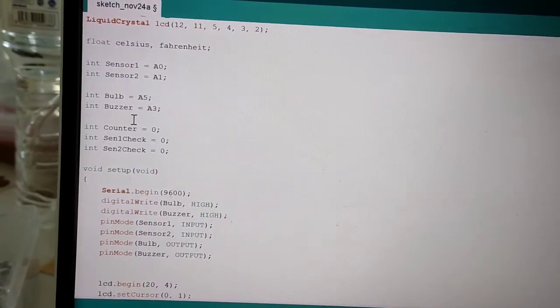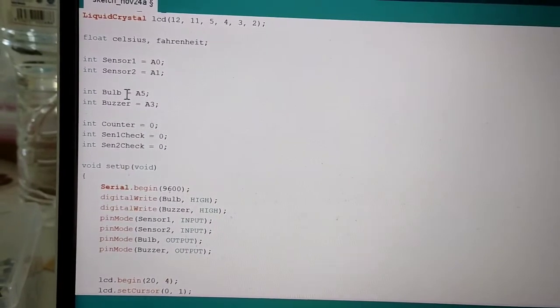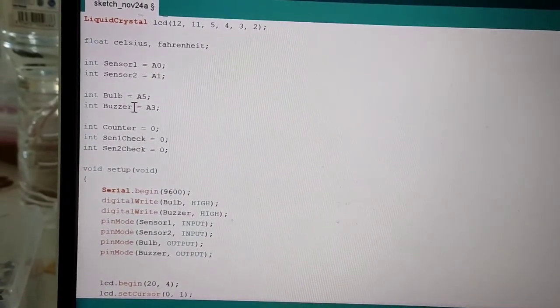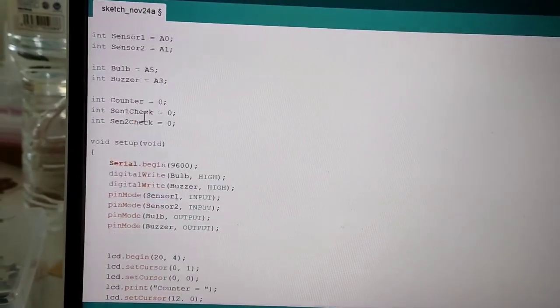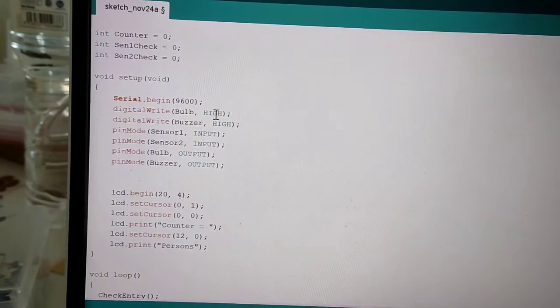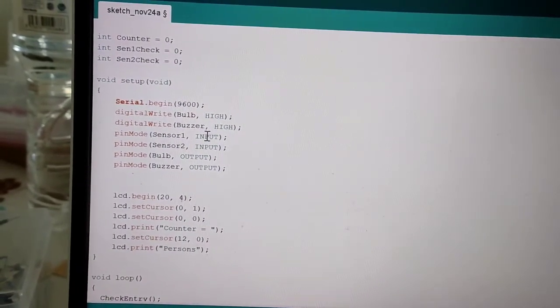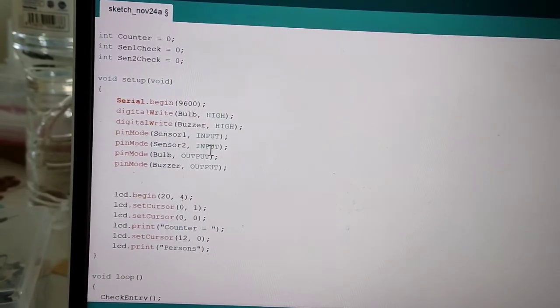The load of our prototype has two parts: a bulb and a buzzer. In the coding of the circuit, the bulb is high and the buzzer is high when sensors 1 and 2 have input.